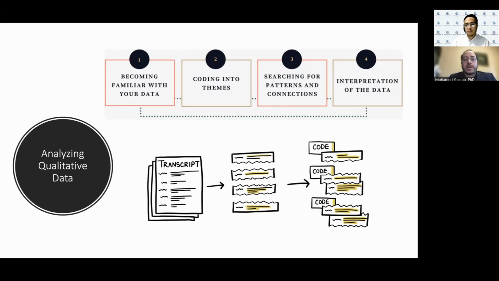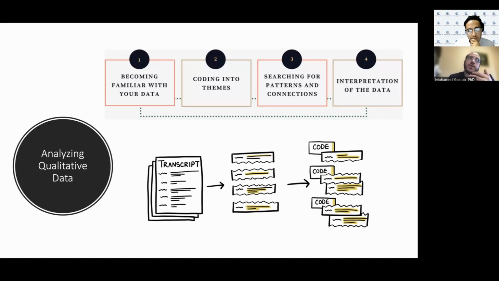Coding is taking your transcripts of the interviews or the documents, or the transcripts of the focus groups, or the notes from the observation, and then you start coming up with codes. And these codes together will make up the themes that you will present in your paper.